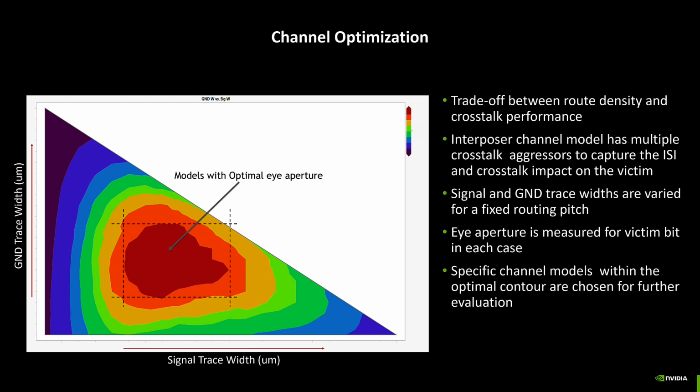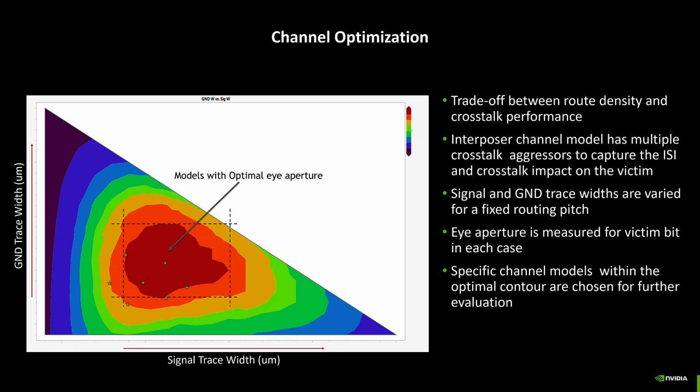The simulations were done with multiple crosstalk aggressors, and the impact on the victim for both crosstalk and ISI was captured, and the eye aperture is plotted in the contour plot. As you can see, the solution space could be wide, but now we are left with a small contour of dark red, which is our optimal solution.